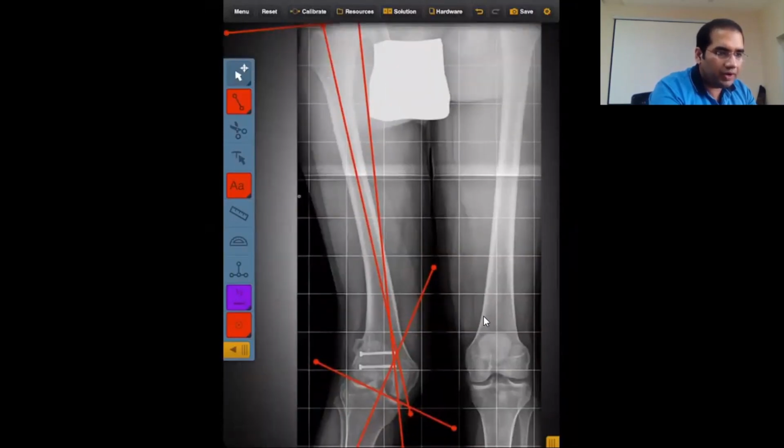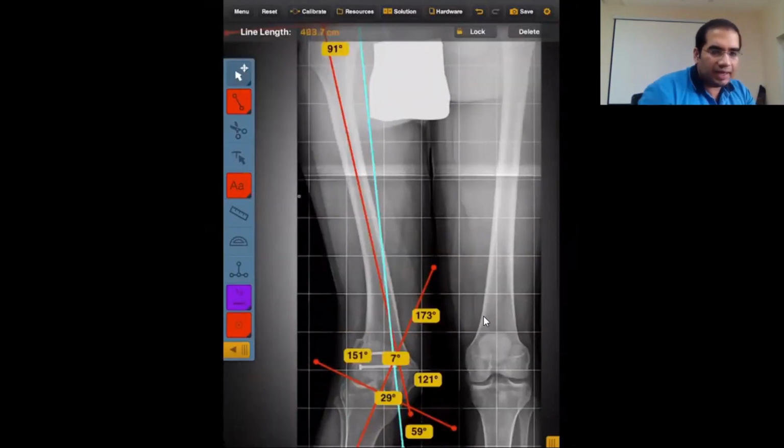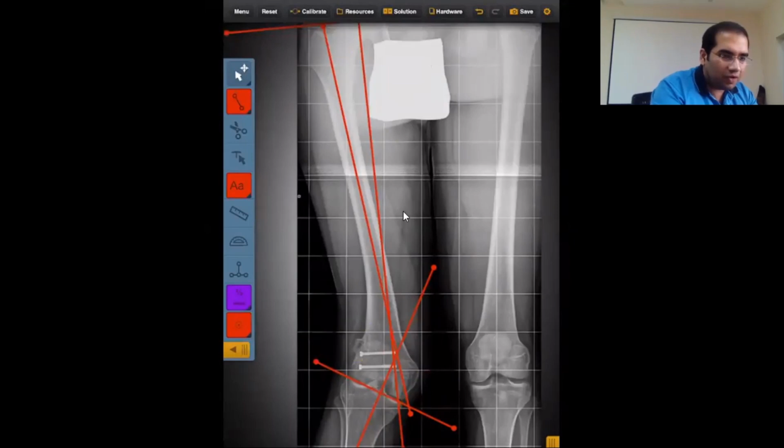When I draw the mechanical axis of the proximal femur using rule of 3 lines, I got the magnitude of the deformity of 29 degrees. It was in the upper part, in the supracondylar area. And now I will plan the deformity using my anatomical axis.